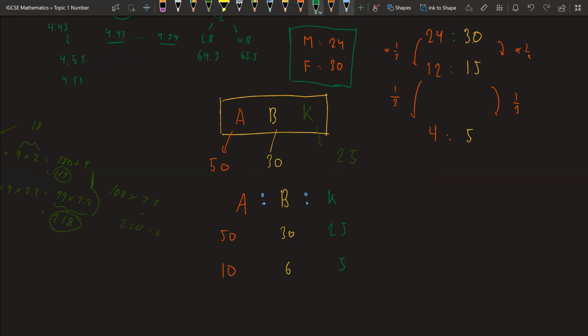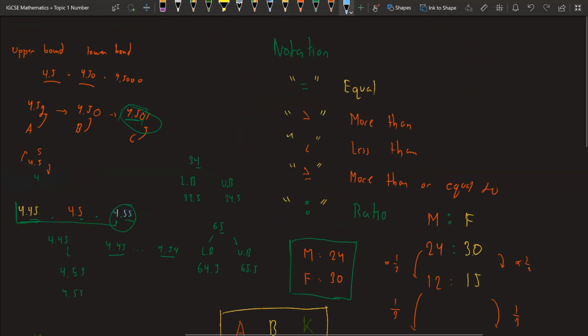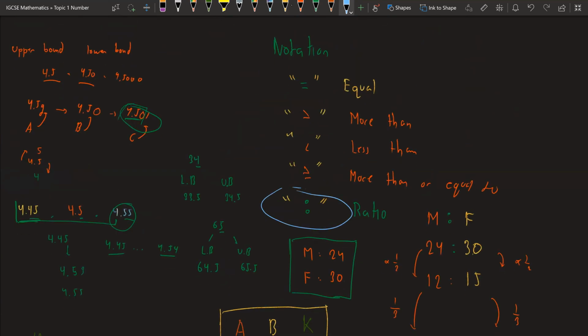And that's the most reduced one. So the ratio of apples to banana to kiwi is 10 to 6 to 5. Okay, so that's the notation for ratio and what it's used for.